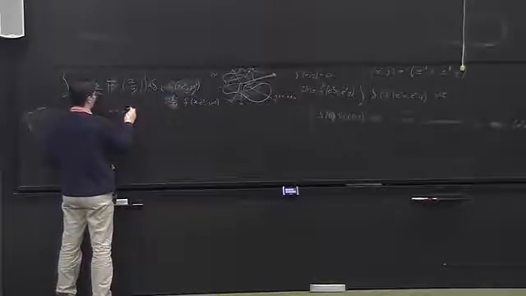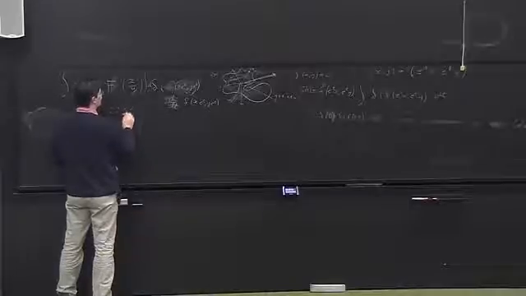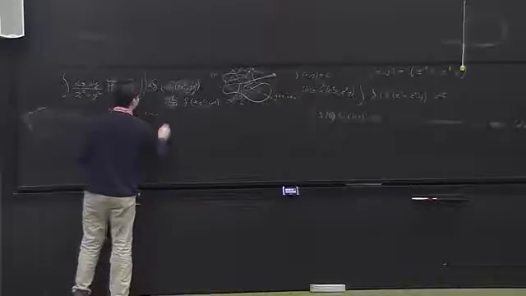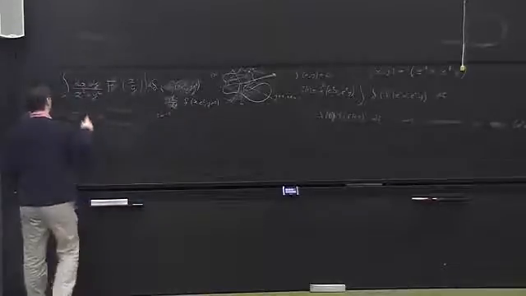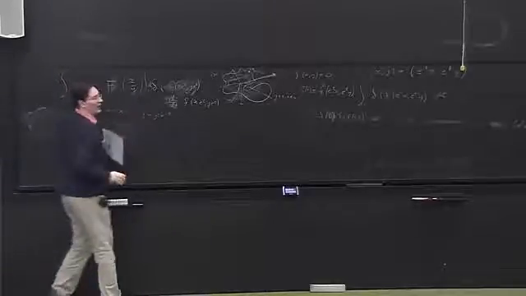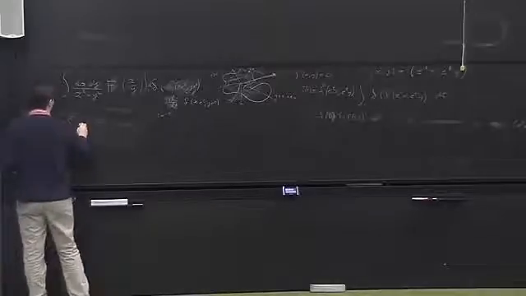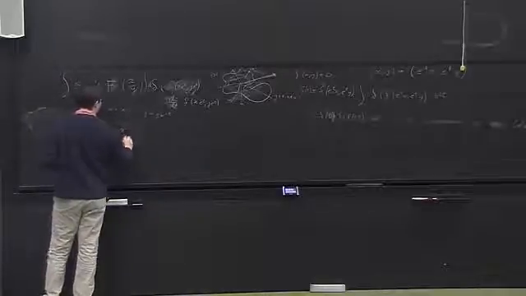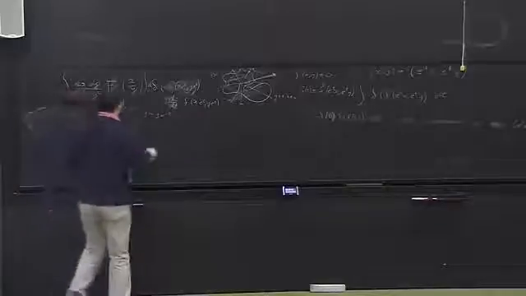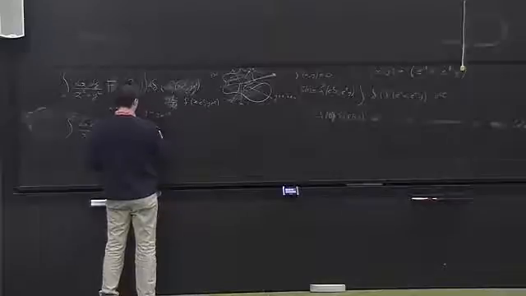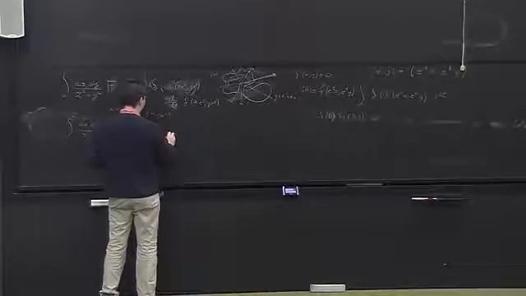Replace x with x e to the minus t, and y with y e to the minus t. Everything in this part of the integral was invariant under this scale transformation, so nothing changes. The delta function is still there.